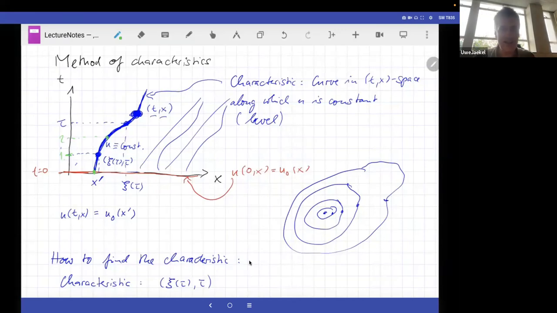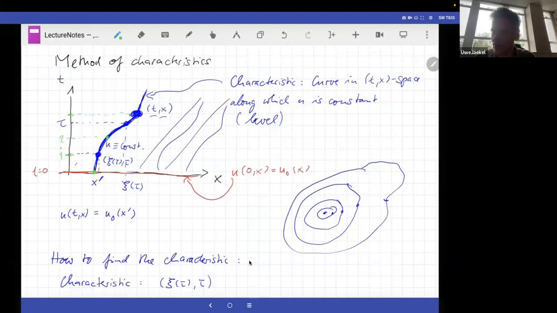And what we have to do is to find, when tau equals t, where are we on the characteristic? So tau is a parameter running from 0 to t.